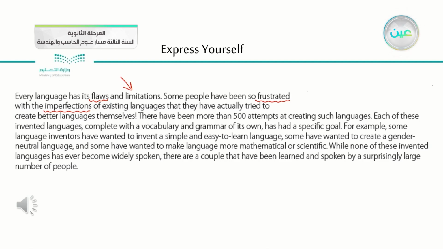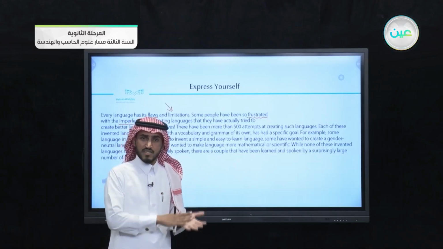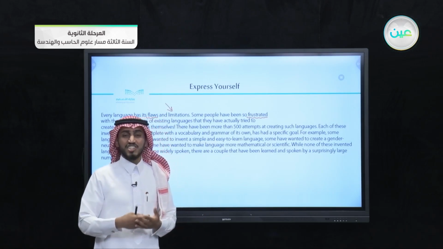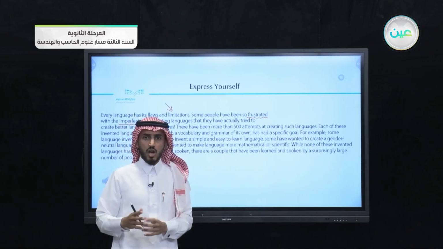So the word imperfections here means that the languages have their own flaws. And when we add something at the end of the word, it's called suffix, and suffix usually changes not the meaning, but the part of speech of the word.